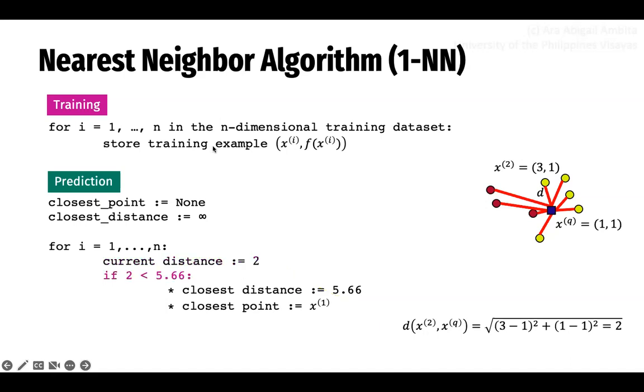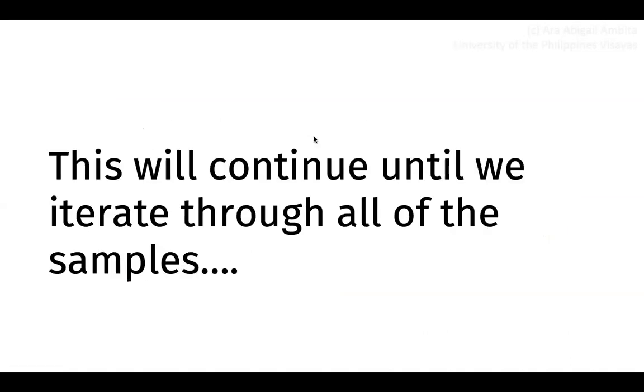Now comparing the current distance with the distance between the query point and the previous point x sub 1. So is 2 less than 5.66? Since it is true, then it will now be considered as the closest distance, and the closest point will now be x sub 2. Okay, so this will continue until we iterate through all of the samples.